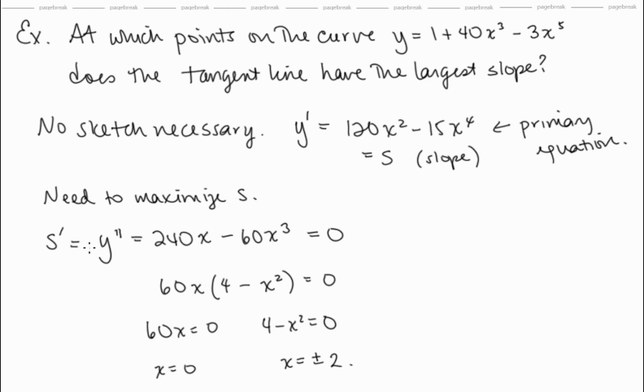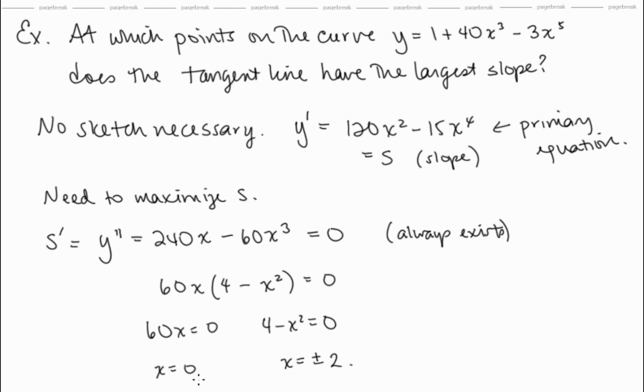So s prime is equal to y double prime, that's 240x minus 60x to the third. We see that always exists, and so we set it equal to 0. And we factor to solve. Setting each factor equal to 0, we have 60x is equal to 0, or 4 is equal to x squared.